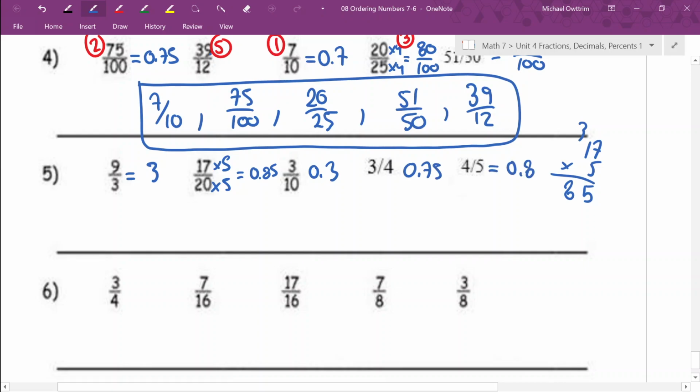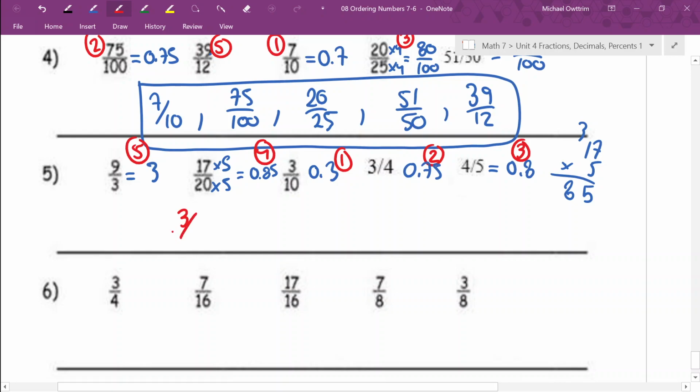So let's go ahead and order those. Smallest is 0.3. Next smallest is 0.75. Next smallest is 0.8, 0.85, and 3.